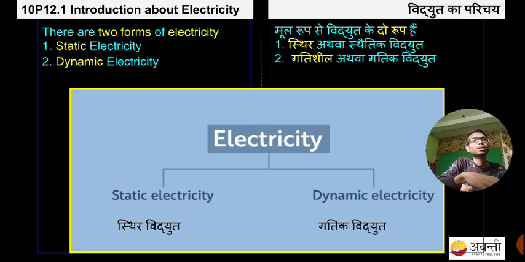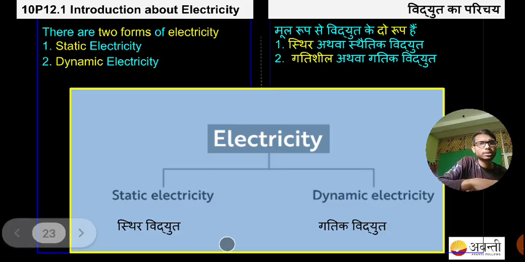Otherwise you can say the speed is constant. If this is happening, you can say it is static electricity. We are talking about the types of electricity: first static electricity and second dynamic electricity.